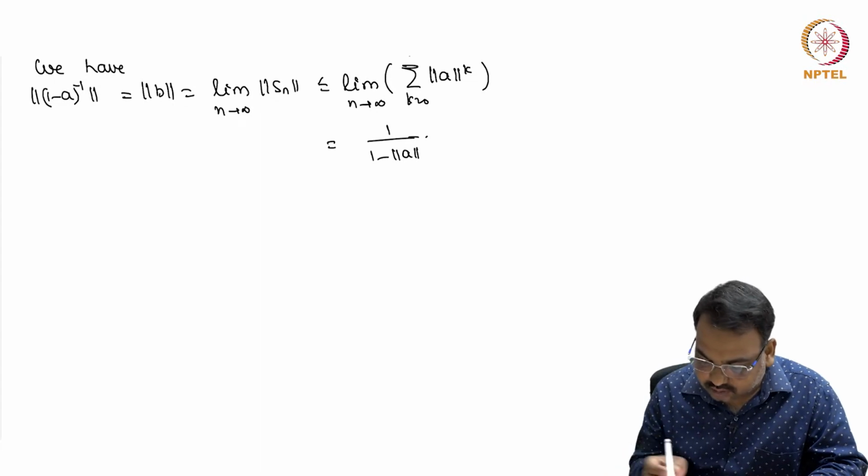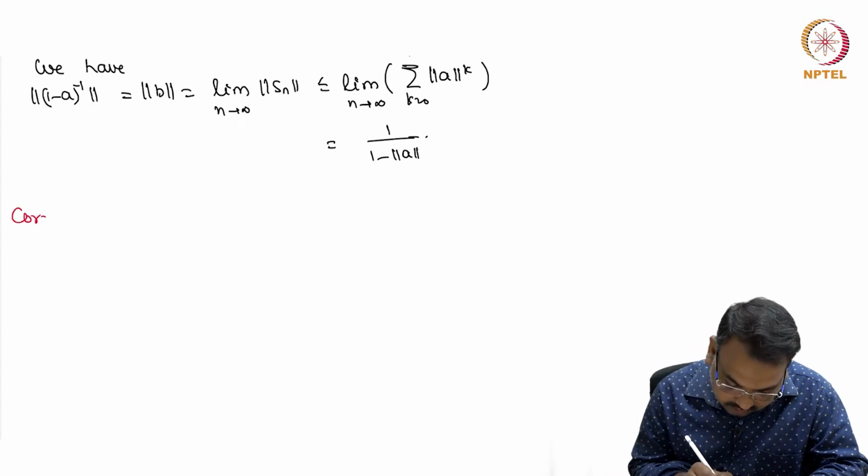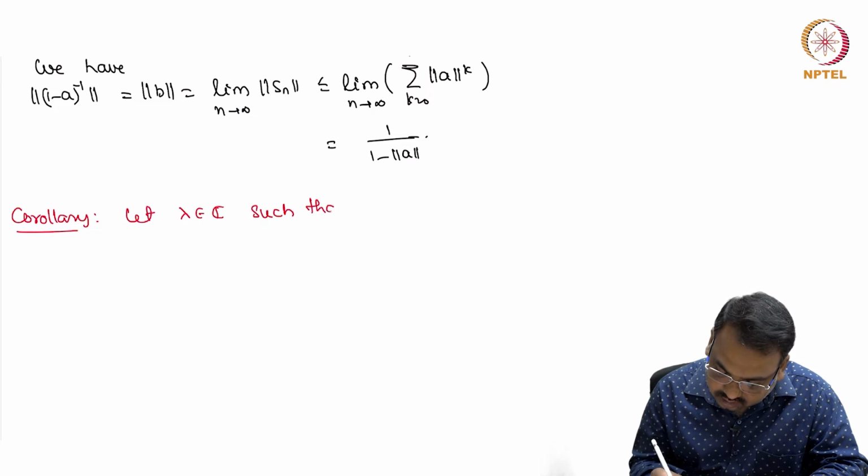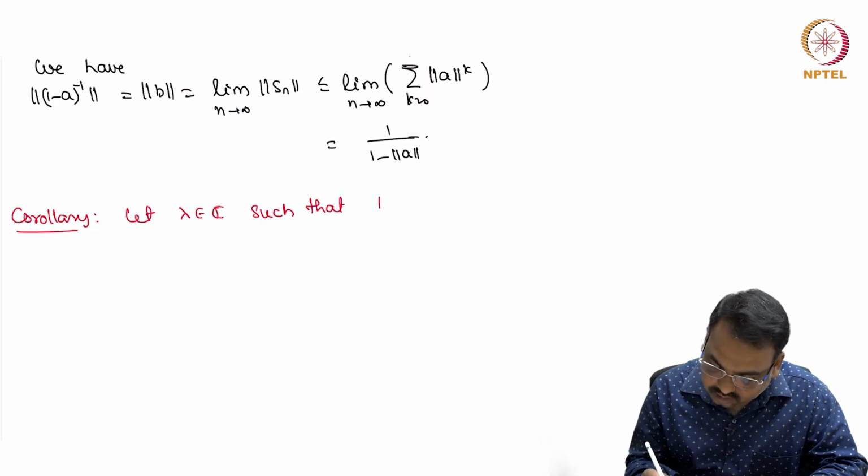So as an immediate corollary we can write the following. Let us take lambda to be a complex number such that norm a is strictly less than mod lambda.